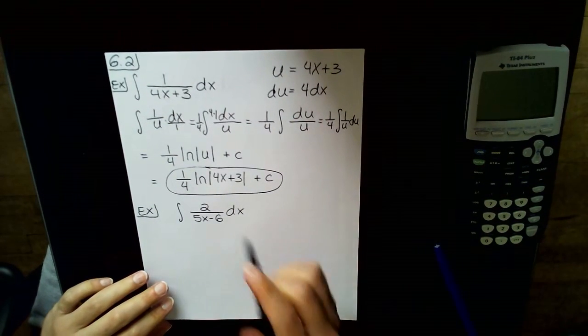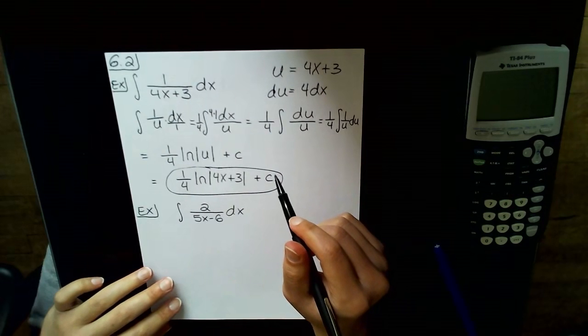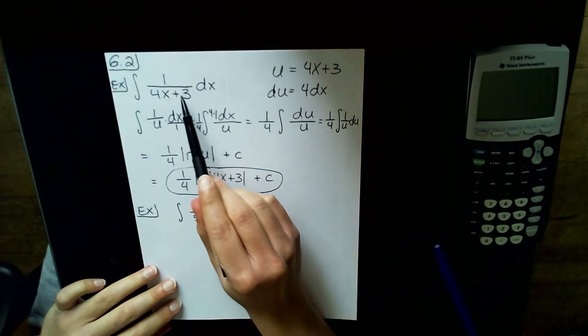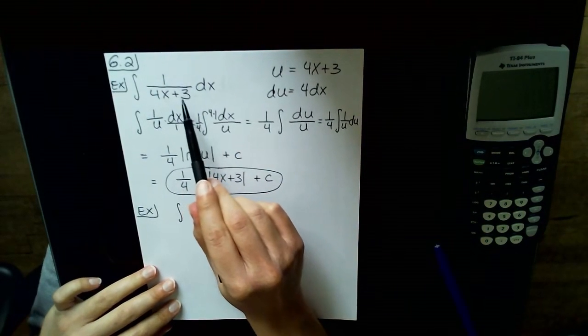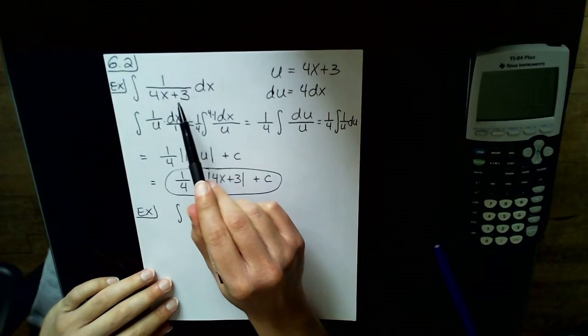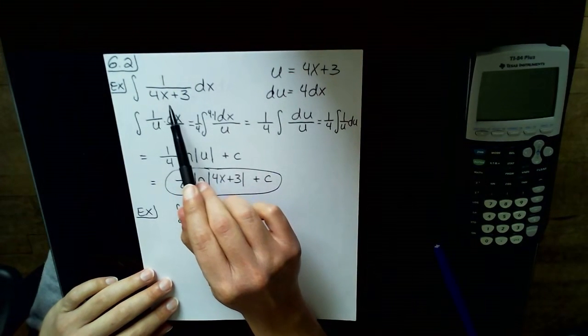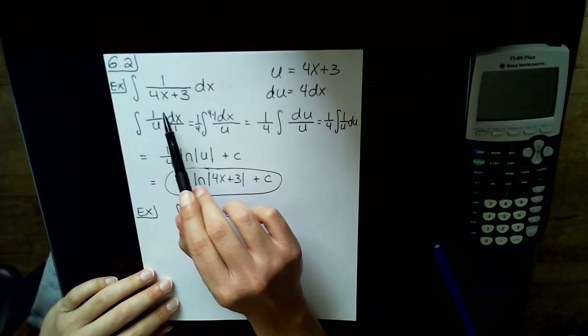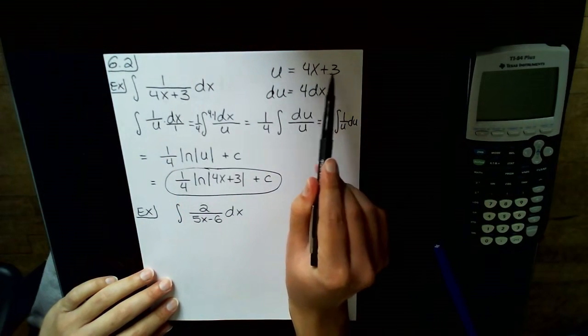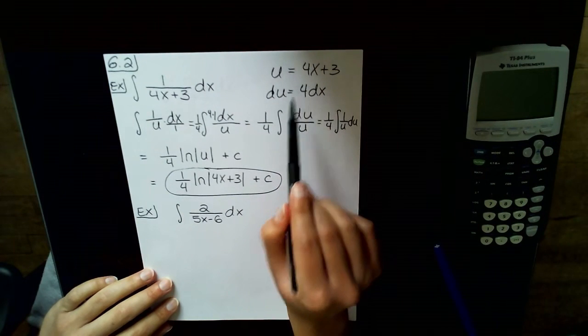Alright, so remember it's always the same process here. We look for our complicated function. If we don't have one, it's generally going to be the denominator of our fraction or something in the denominator. We take that value and set it equal to u and find du.